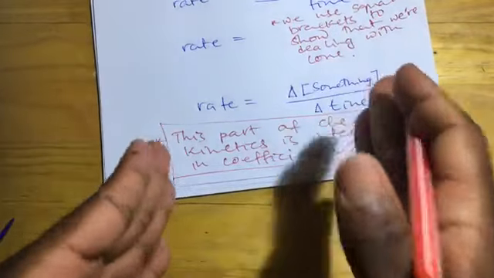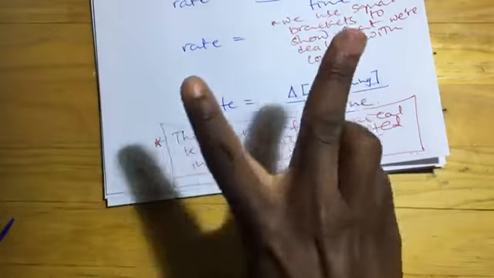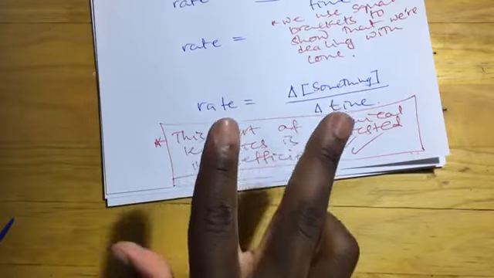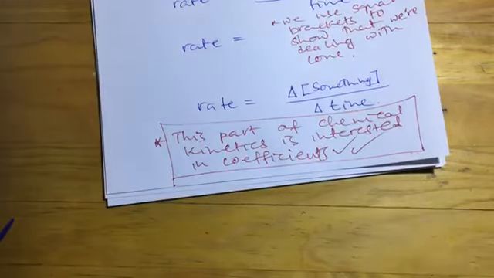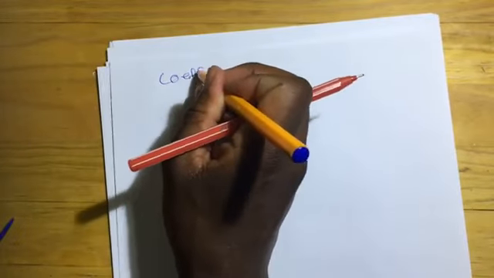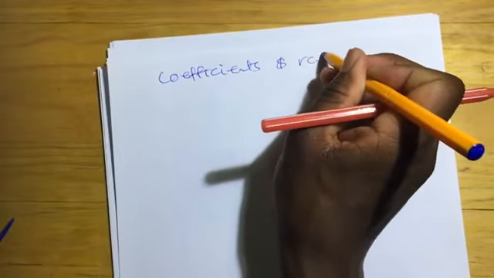But the part that we're going to do after this is not interested in coefficients. So chemical kinetics has two parts. There's the first part that is interested in coefficients. There's the second part that is not interested in coefficients. Okay. Coefficients and rates. And rates.